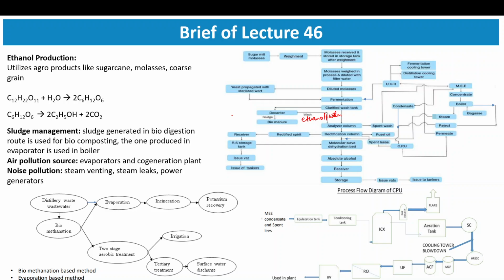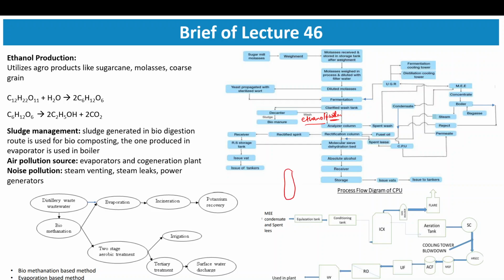Now if we want to separate this, we will utilize distillation, where ethanol and water have different boiling points. Depending on the difference in the boiling point, the one which has the lower boiling point will be obtained at the top, and the one which has the higher boiling point will be obtained at the bottom.